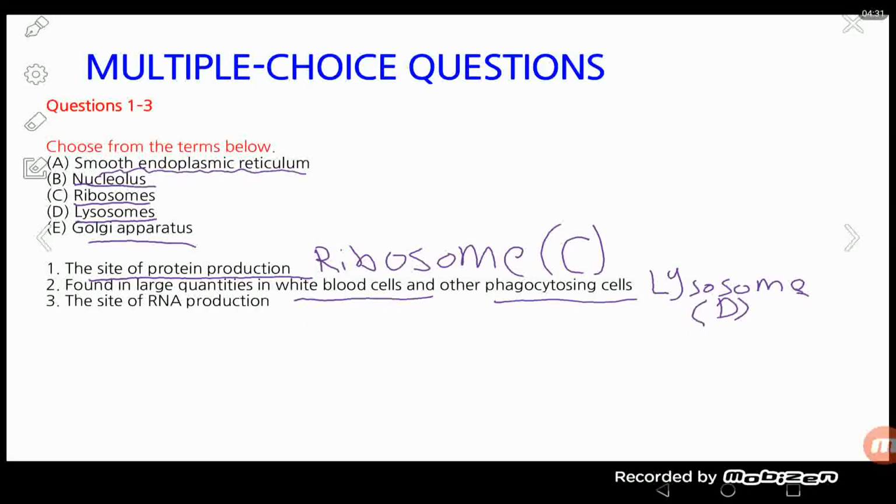The site of RNA production, guys. RNA is produced from the nucleolus. So the answer for this question is B, which is nucleolus. Okay, I think they are clear.